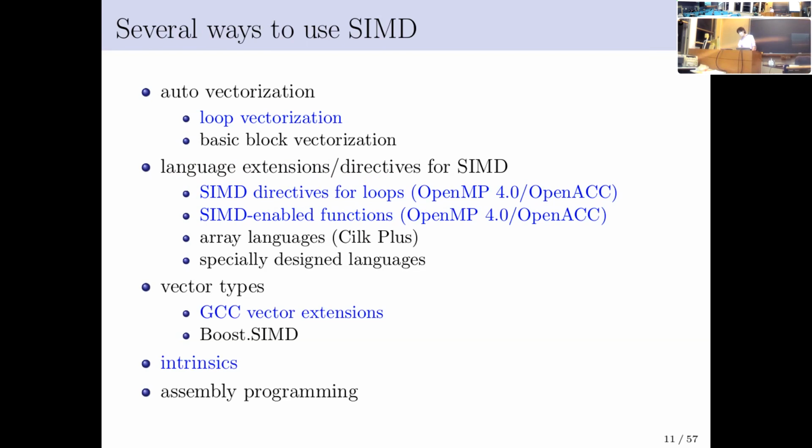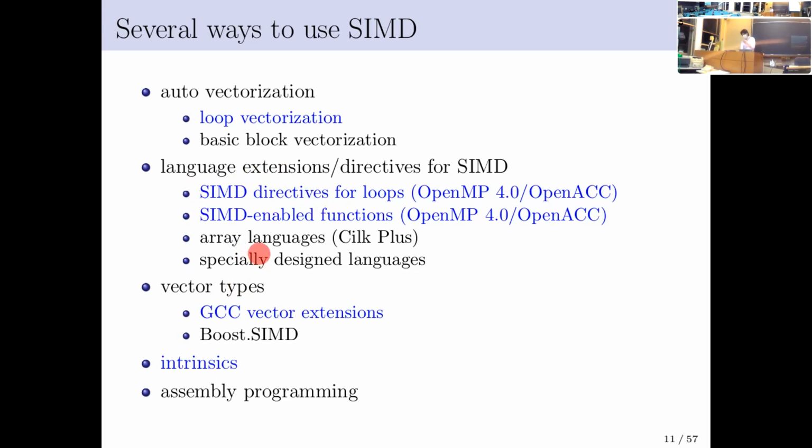For example, OpenMP already has a SIMD directive. Just like you parallelize a particular for loop by inserting pragma omp parallel for, you can say pragma omp simd to instruct the compiler to try to use SIMD instructions for a particular for loop. I will get into this later, and you'll see how this works in the Jupyter notebook.